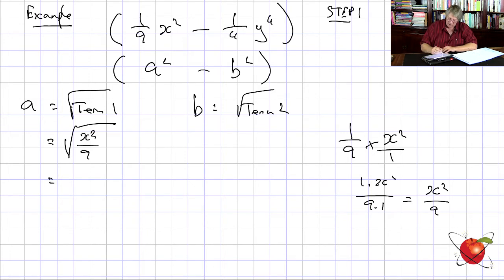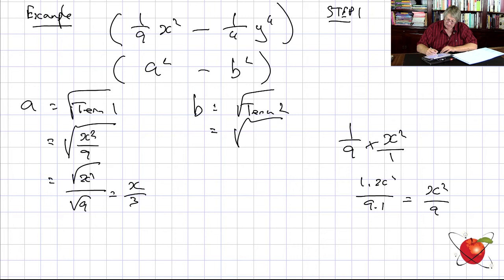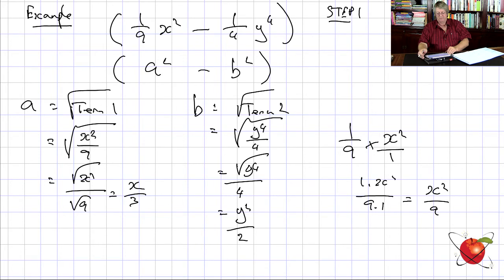I can take it to the top, square root of x squared over the square root of 9, which is x over 3. Let's look at the next one. It is 1/4, and once again, it's y to the 4th over 4, which is y squared over 2. So now I know that it is in fact a perfect square.